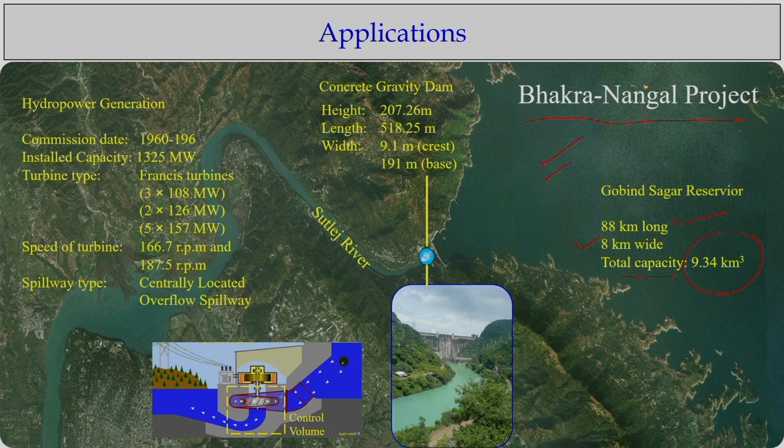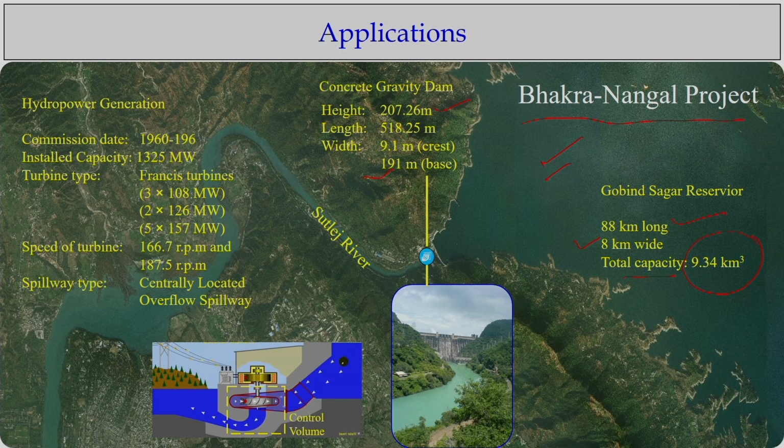The dam is located here, a concrete dam with a height of approximately 207 meters and a length of 500 meters. The width varies from 9 meters at the top, becoming wider and wider as it goes down, to 191 meters at the base.